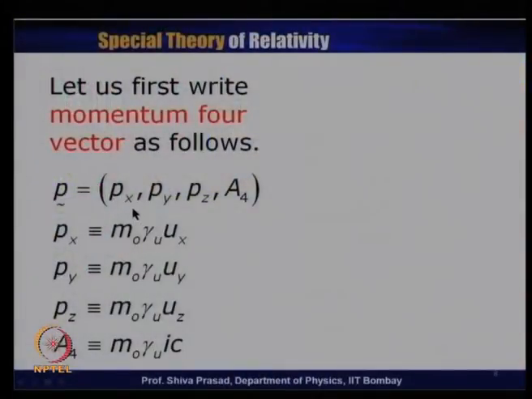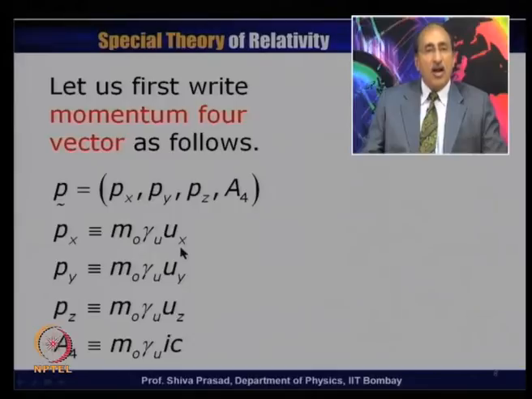Let us suppose this fourth component, I am just writing as A4. We will look at this particular A4 a little more clearly in the later part of this lecture. So, this is what has been written in this transparency, that P I am writing in the form of Px, Py, Pz and A4, while Px is equal to m naught gamma u ux, Py is equal to m naught gamma u uy, Pz is equal to m naught gamma u uz, and A4, something which we do not know, is m naught gamma u ic.